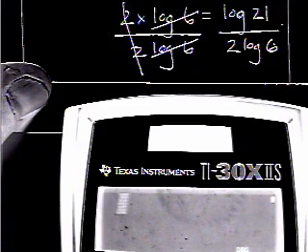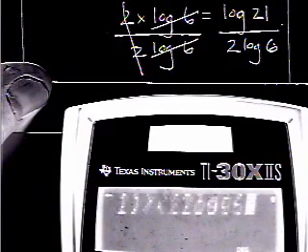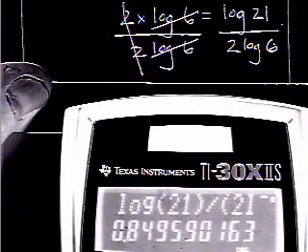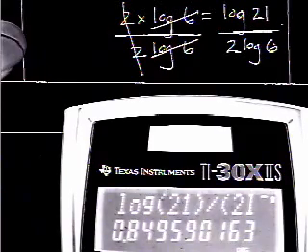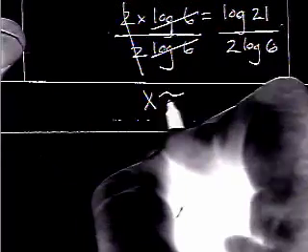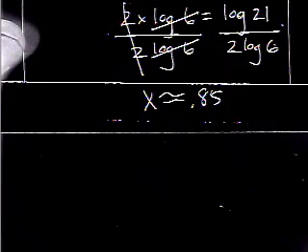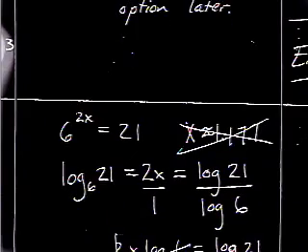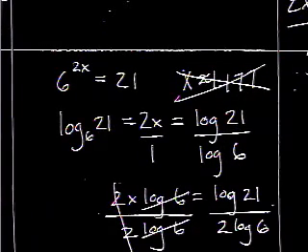So log 21 divided by parenthesis 2 log 6 will give me the correct answer, approximately 0.85. So x is approximately equal to 0.85. Always check your answer by plugging it back in. Otherwise, you'll accidentally choose the wrong value thinking maybe you did it right.